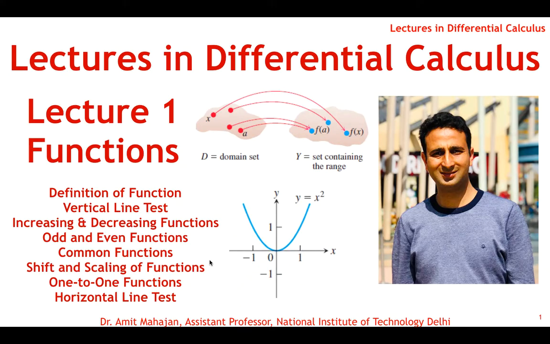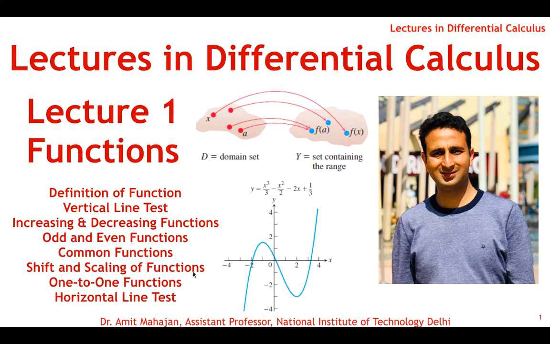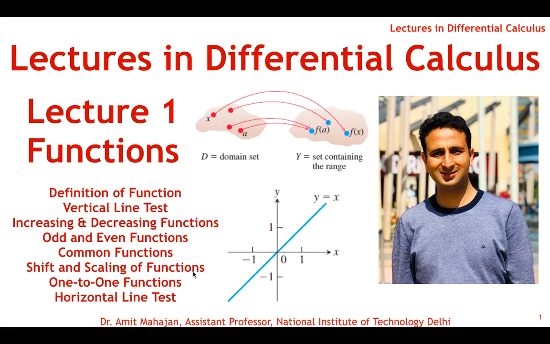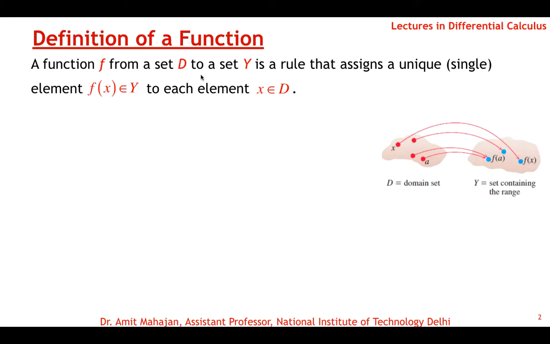Okay, so the first definition that we are going to take today is we are going to define what exactly functions are. Okay, so a function f from a set D to a set Y is a rule that assigns a unique single element f of x belonging to Y to each element x belonging to D. Okay, so you are given, say, a set which we name as D, and we call it a domain set.